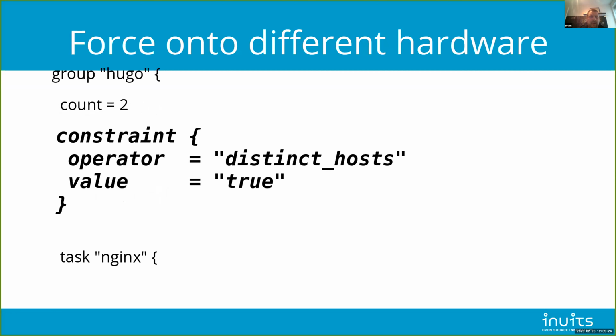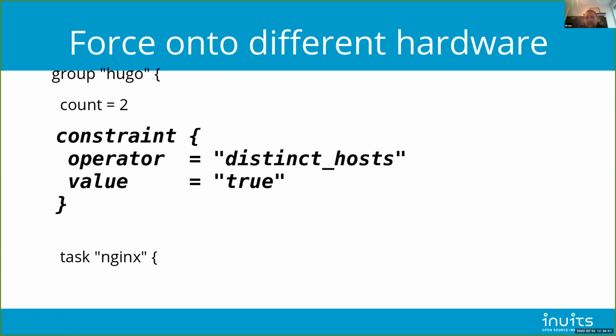This can be done by using the constraint resource in HCL for Nomad. With this little code snippet, I force it onto different hardware, basically saying the operator of type distinct_hosts needs to be true. So if I have two instances, I'm forcing them onto different hardware.